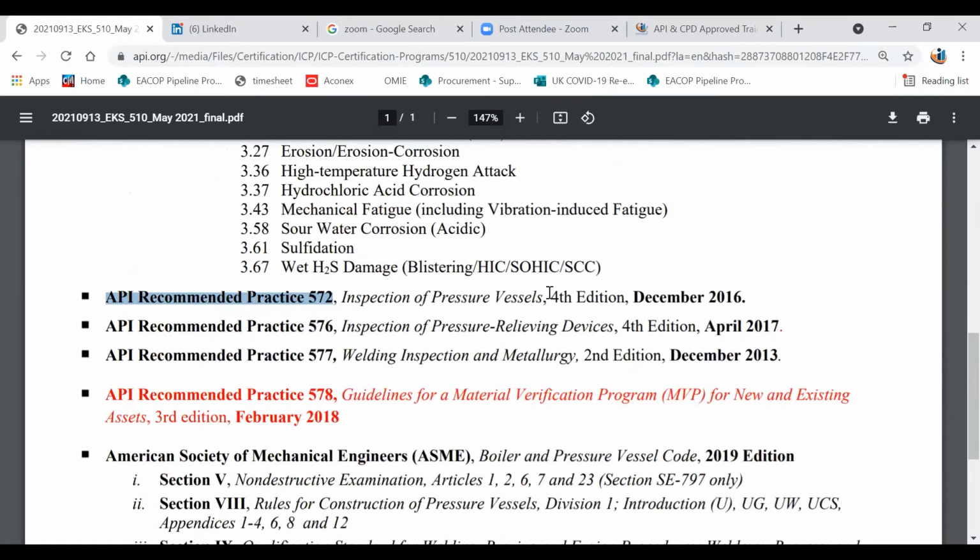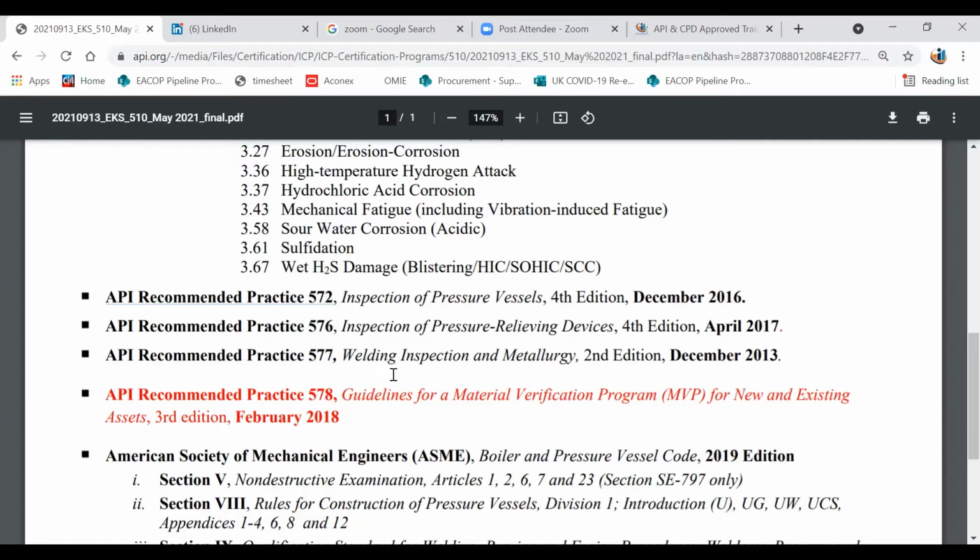And I've already told you that 572, the recommended practice, is about how to do the inspection. So when you are an authorized inspector, you start with 572, use the methods there to do the inspection, and then cross-check with 510 to see that the 510 requirements are met.